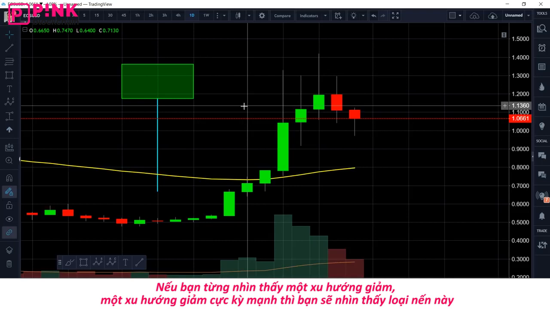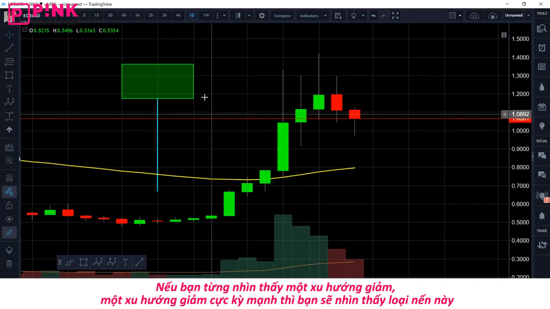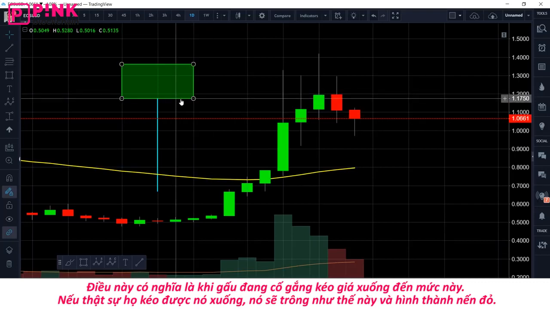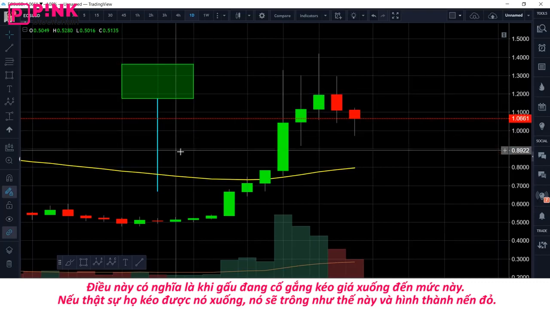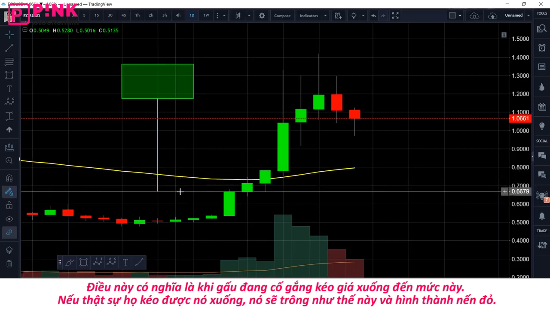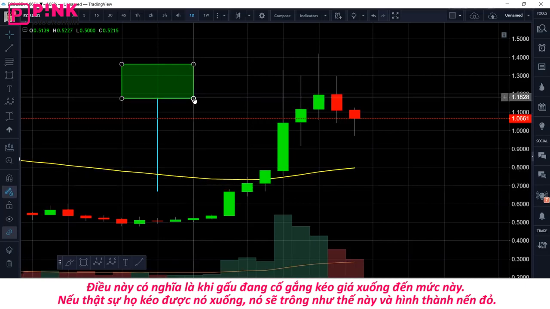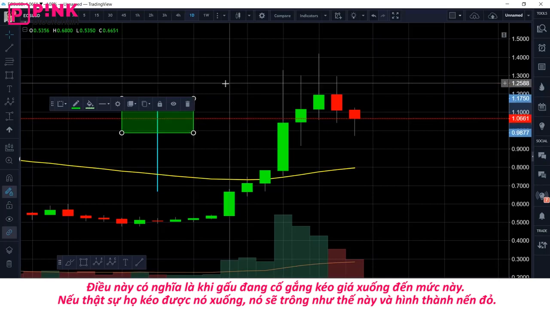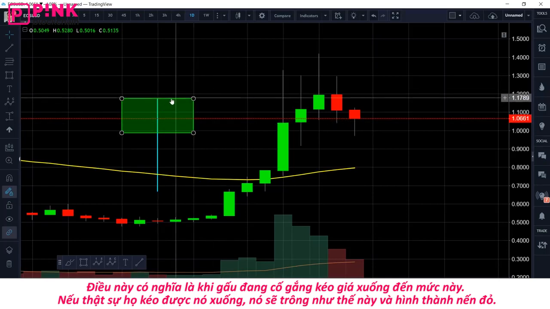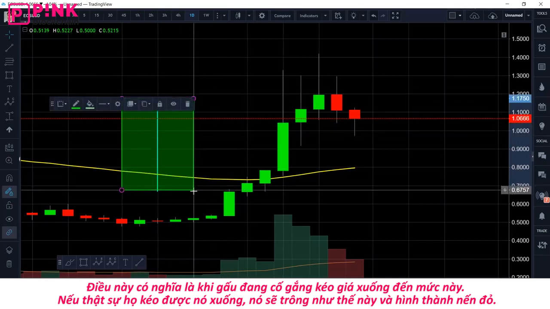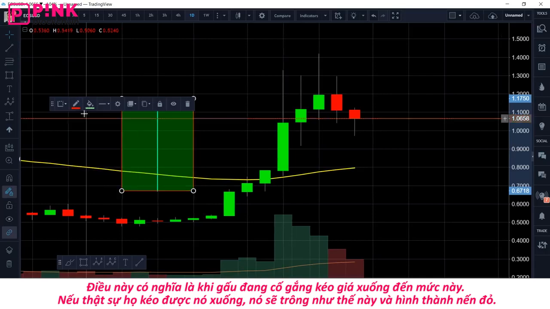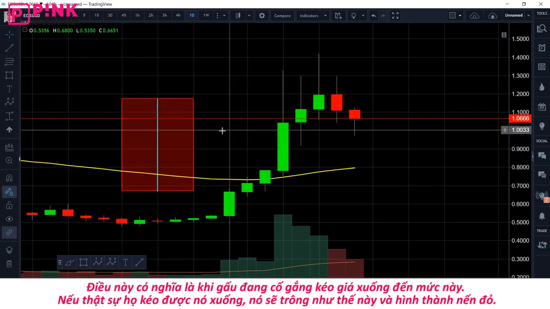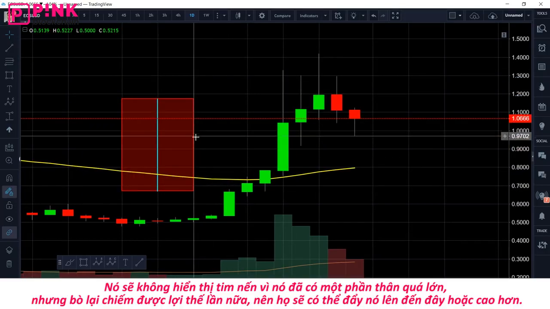If you guys ever see a downtrend, a heavy downtrend, and then you see this candle, what it implies is the bears have tried to push it all the way down to over here. And if they did push it all the way down, it would actually look like this, okay? If this was where the open was and they pushed it all the way down, this candle would be a massive red candle like that, okay? It wouldn't show a wick, it would just be a big body.